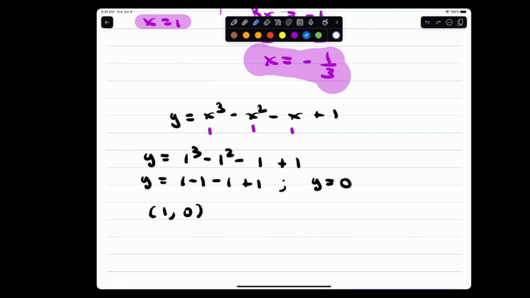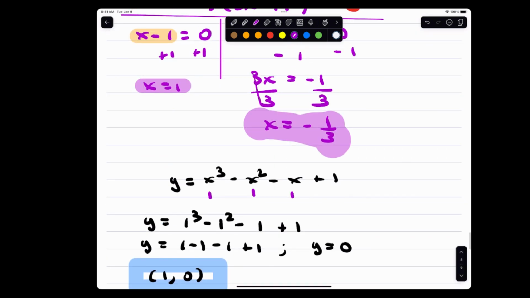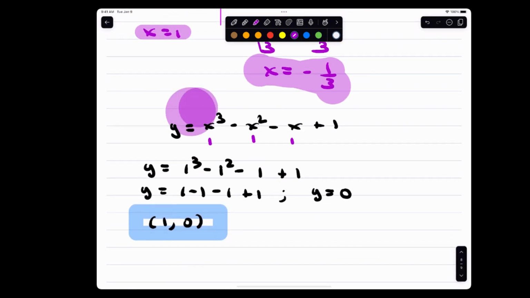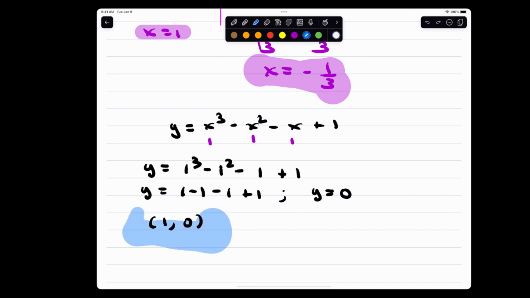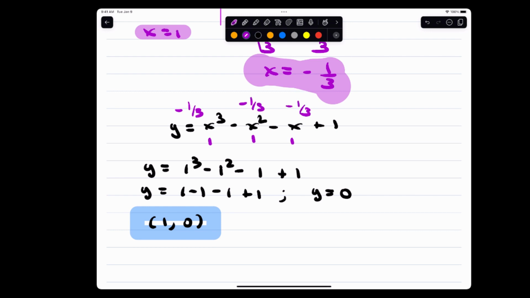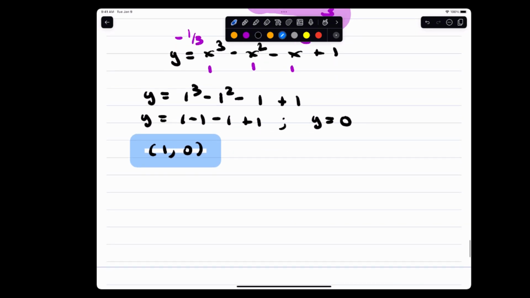This one has 2 locations. Now, the second location is a little bit more difficult because you got to plug in negative 1/3 here. Okay, so let's do some of this arithmetic.